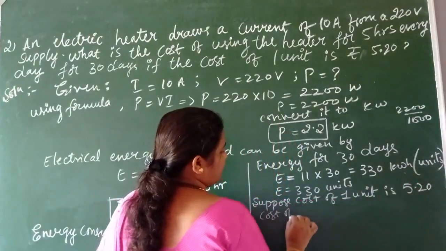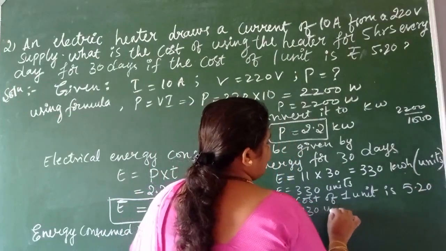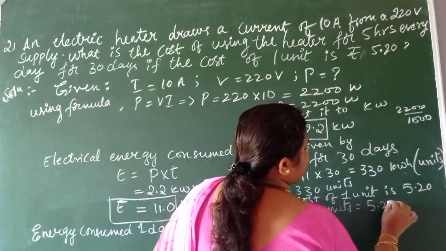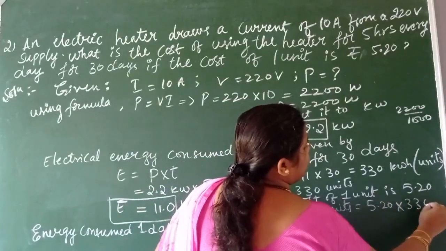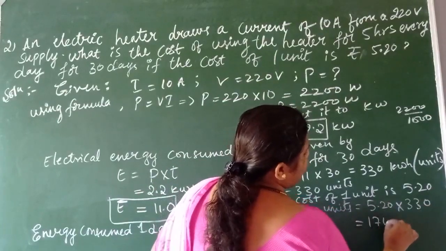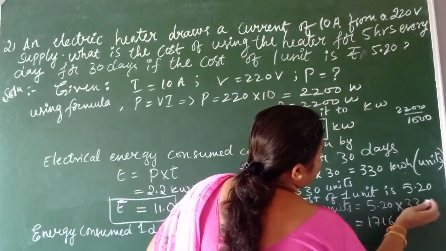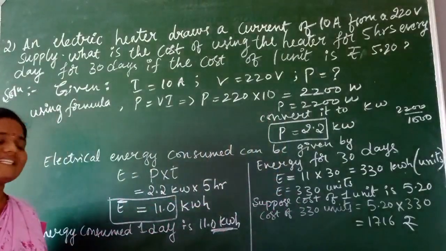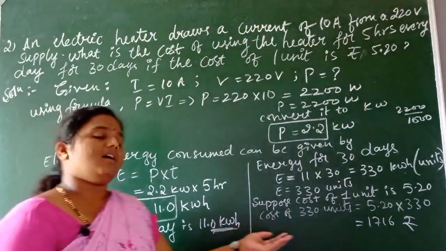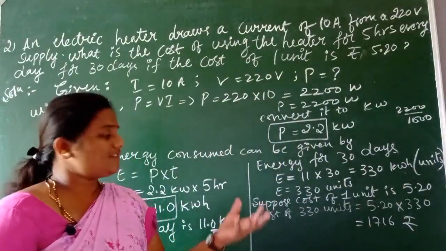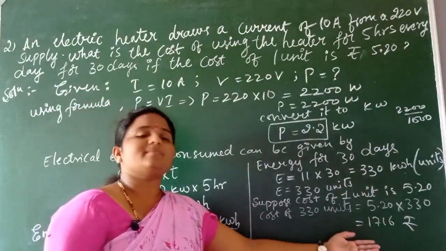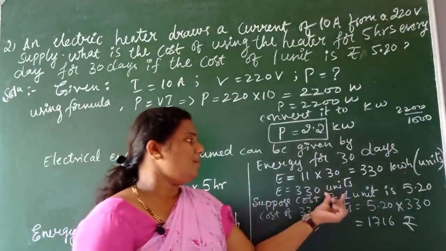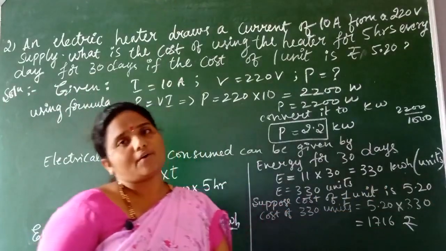Cost of 330 units is equal to 5 rupees 20 paisa into 330, which is around 1716 rupees, children, isn't it? 1716 rupees is the electricity cost, means we are going to get this much amount of bill, children. Suppose the cost per unit is 5 rupees 20 paisa.